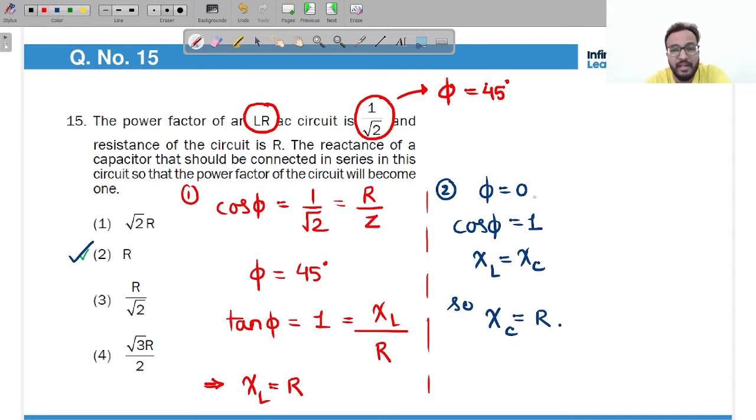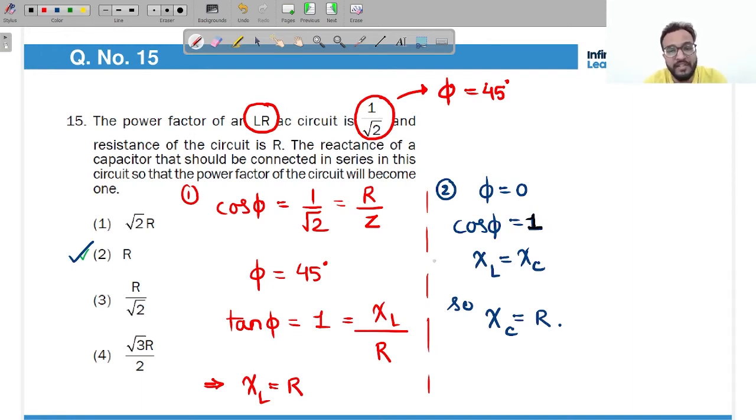Now let's move on to the next part. They are saying, what should be the reactance of a capacitor that should be connected in series in this circuit so that the power factor of the circuit will become 1. See, power factor will become 1 only when phi becomes 0. Phi will become 0 only if the perpendicular is 0.